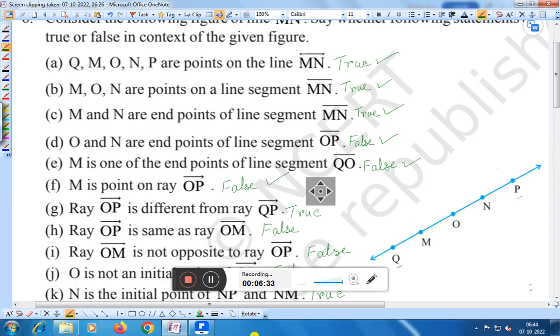Now ray OP, where is ray OP? Ray OP is the same as ray OM. Or you can explain question number G. Question number G is ray OP. Where is OP? Here you see the ray.